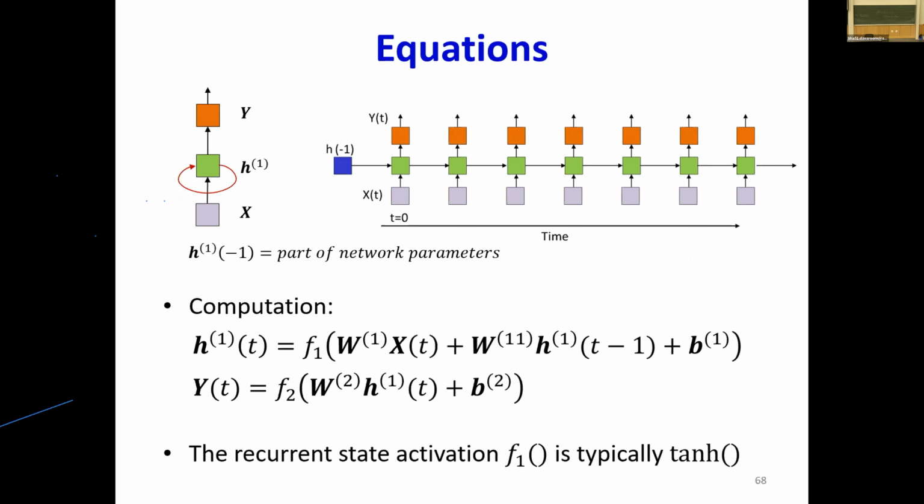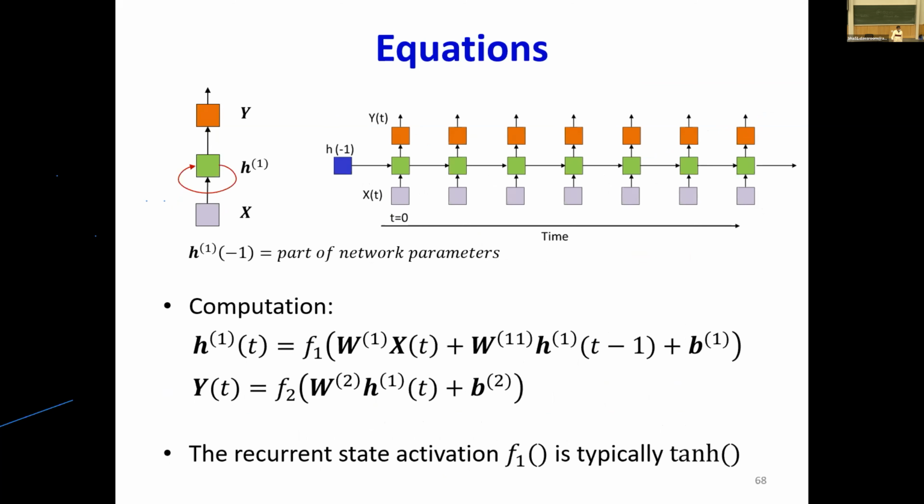Here's what the actual recurrence looks like for this simple model where the hidden state has only one hidden layer. At the recurrence state, the computation at the hidden state has two steps.